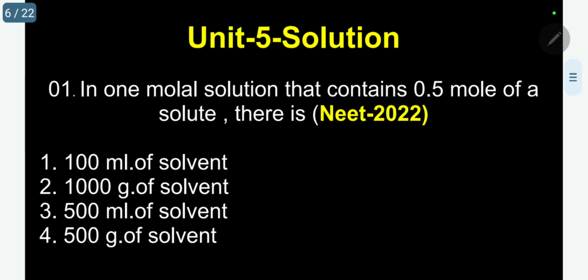Now let me go to the questions for your understanding. In the year 2022 NEET, the question asked: in 1 molar solution that contains 0.5 mole of a solute, there is option A, 100 ml of solvent, 1000 grams of solvent, 500 ml of solvent, 500 grams of solvent.